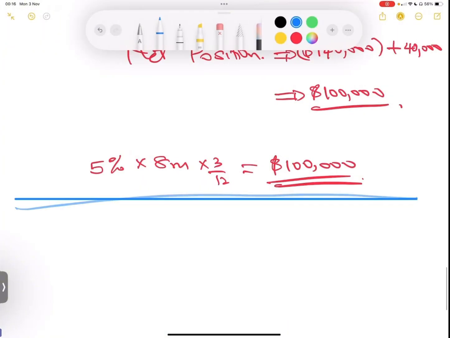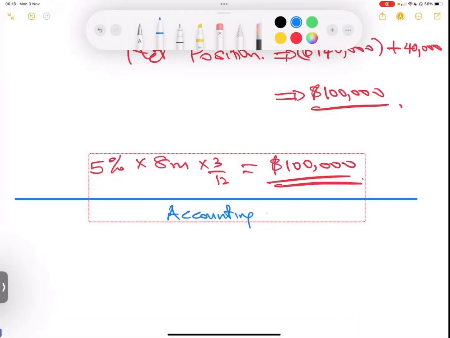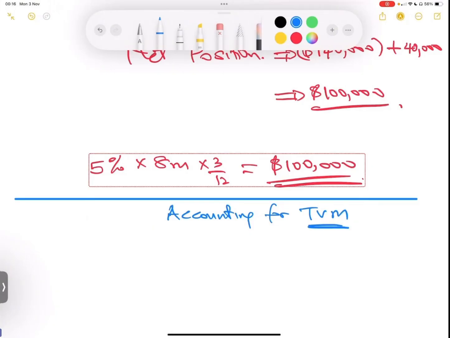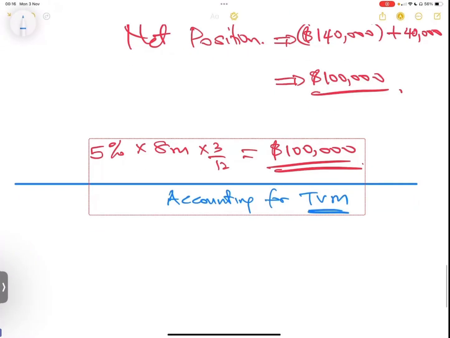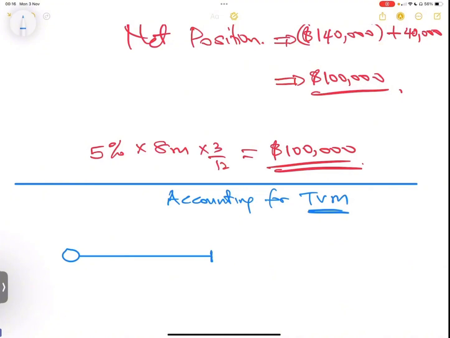But it doesn't end there because you must account for time value of money in FRA. Let's use this example that I just did to explain to you. Today, we know that in 2 months' time, we need to do a transaction that will last for 3 months.